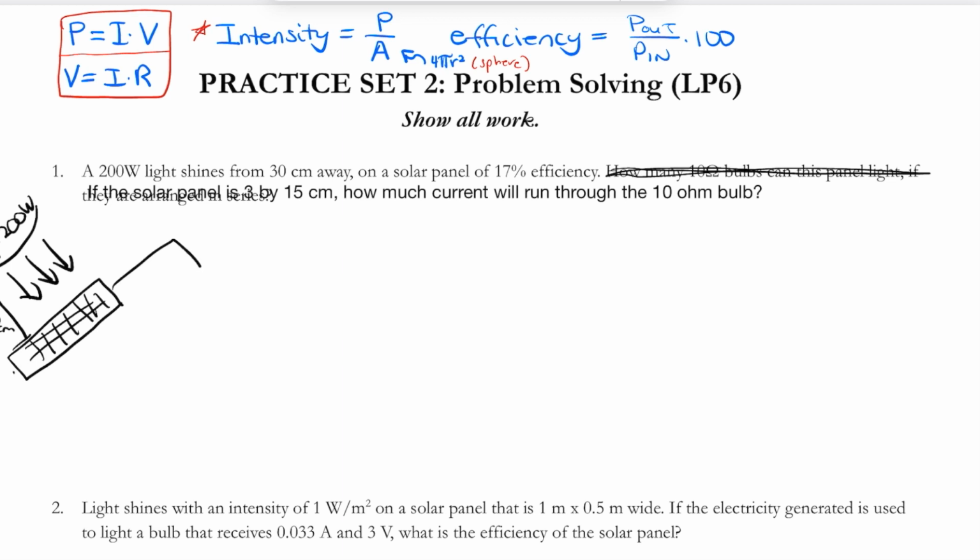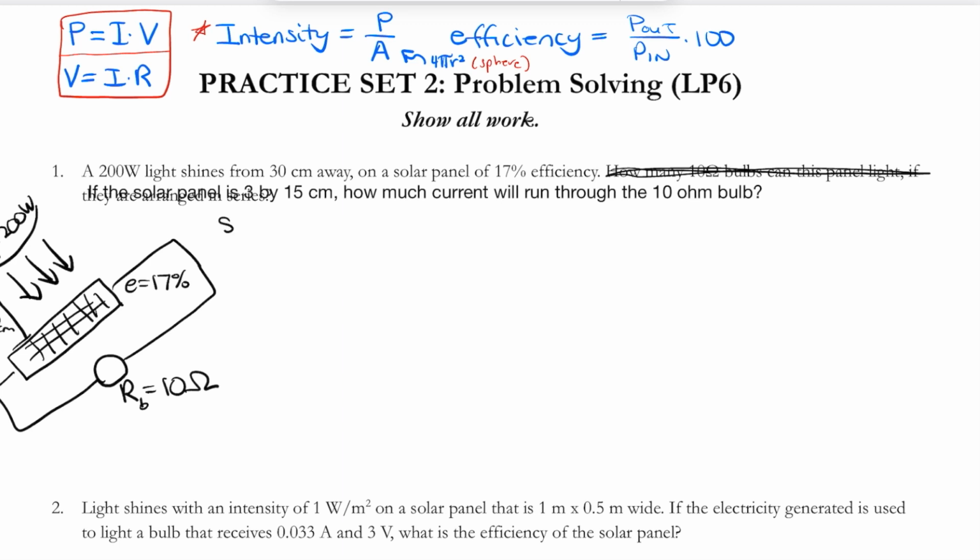And that's hooked up to a light bulb. We know that this light bulb has a resistance of 10 ohms. We know that the efficiency of the solar panel is given as 17%.